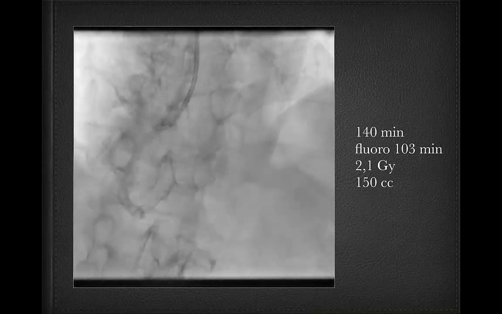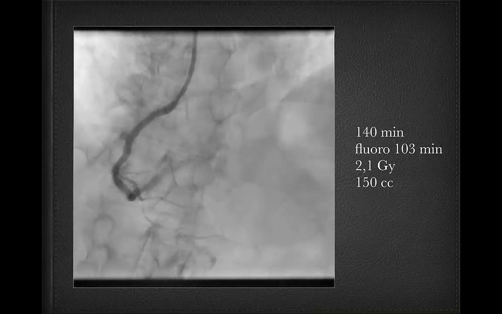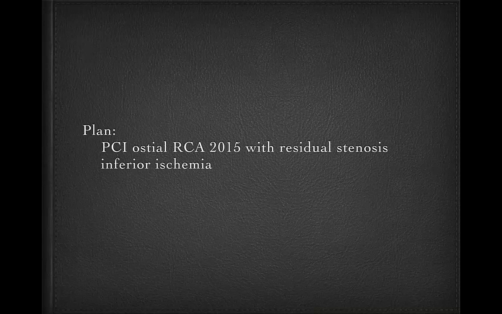Sure. So the last case is also a difficult case. It was an ostial RCA occlusion. The RCA was dilated 3 times at the ostium. So first without stent, then BMS stents, then restenosis inside the stent, and finally always reocclusion.